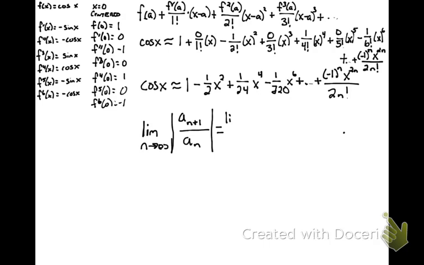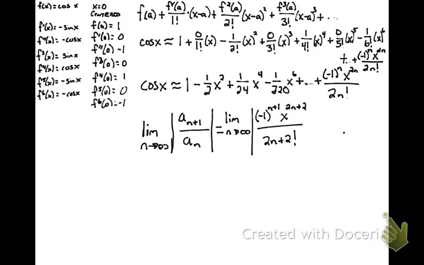this limit has to be equal to the limit as n goes to infinity. Well, for a sub n plus 1, everywhere that there's an n in my nth term, I'm going to put n plus 1 in. So this would be negative 1 to the n plus 1, x to the 2n plus 2 over 2n plus 2 factorial.